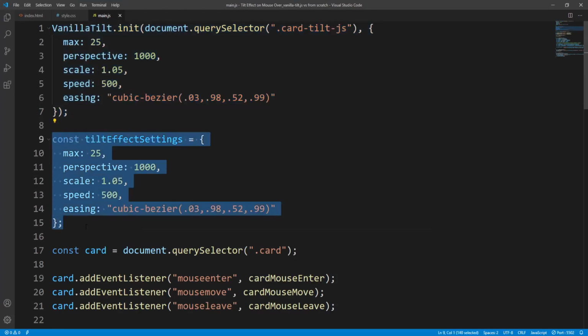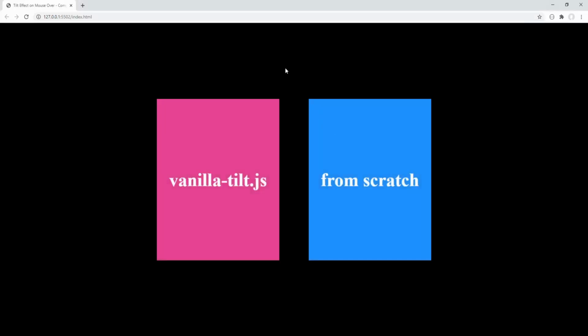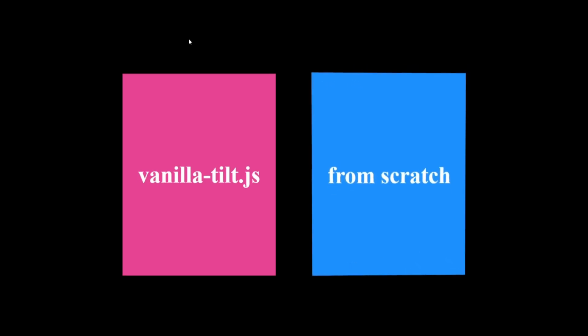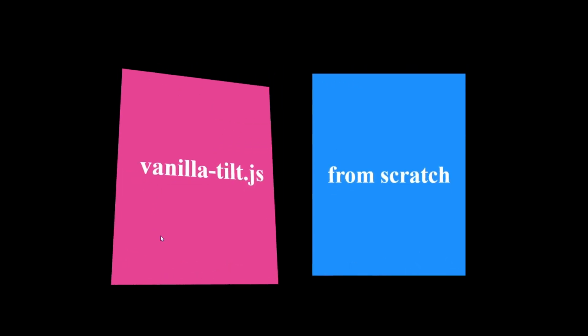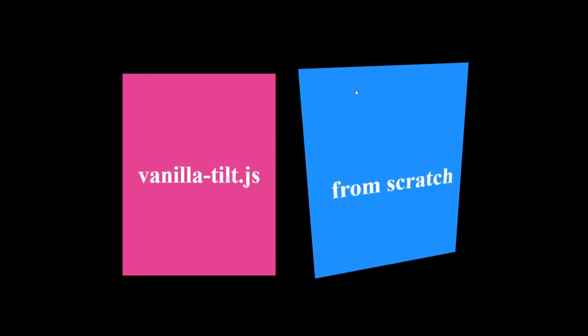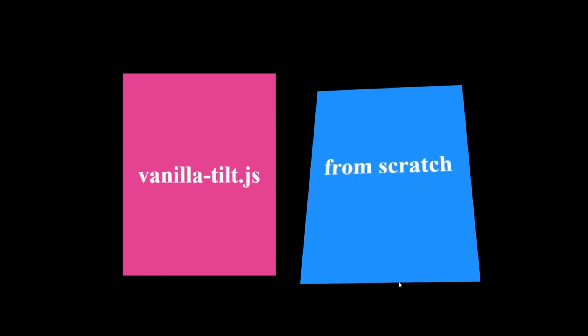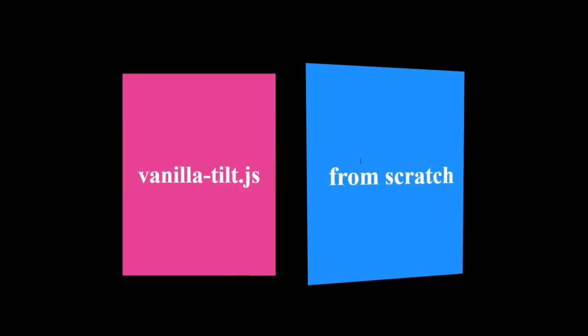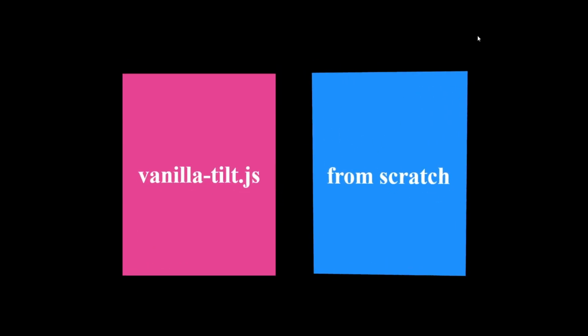I will include, by the way, a link to this example and of course to the main project we've just created in the description. And I think that the tilt effect in both cases looks quite similar.